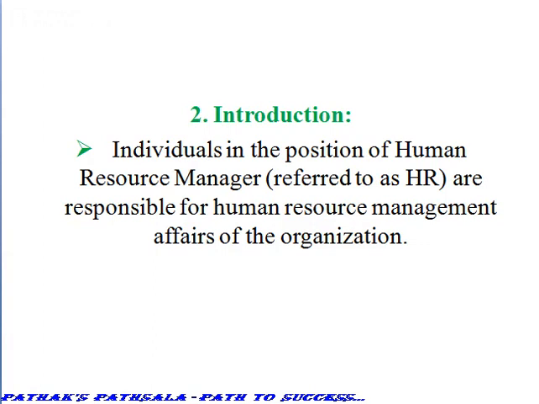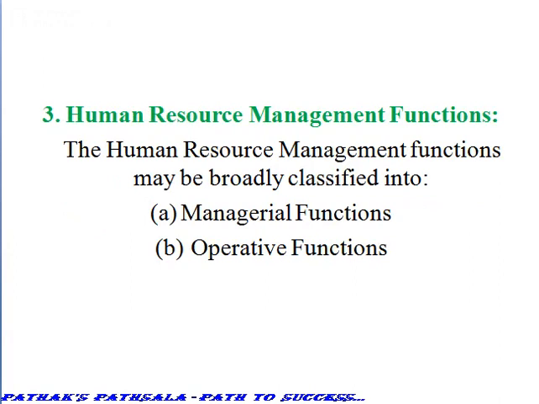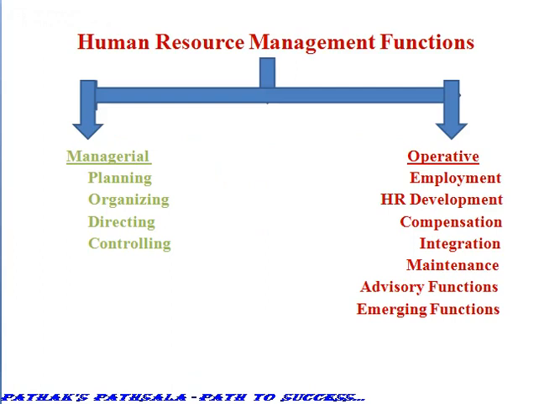The functions of human resource manager, that is the human resource management functions, may be broadly classified into two categories: managerial functions and the operative functions. The human resource manager, as head of the human resource department, needs to perform both managerial and operative functions of management.